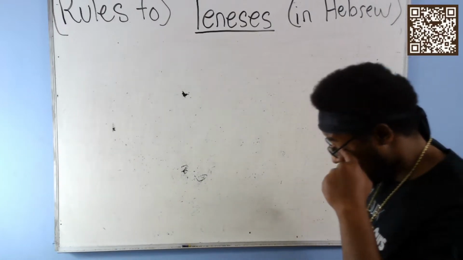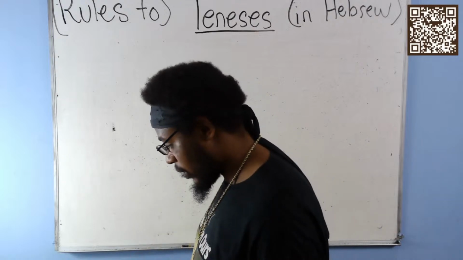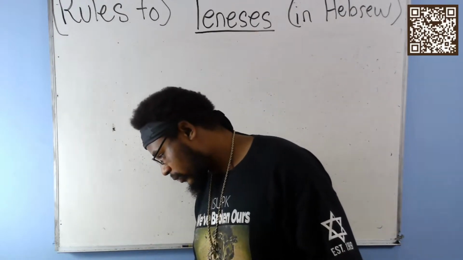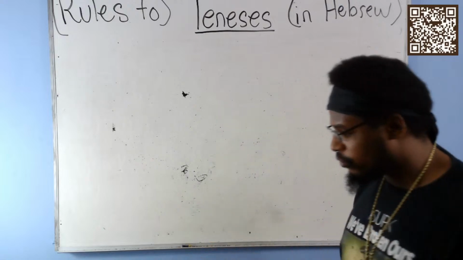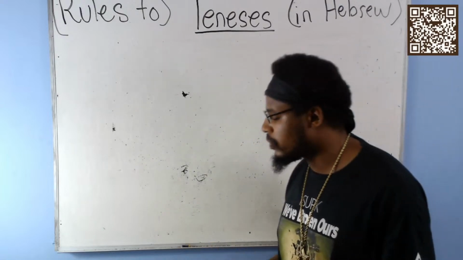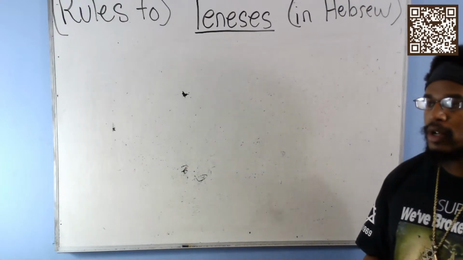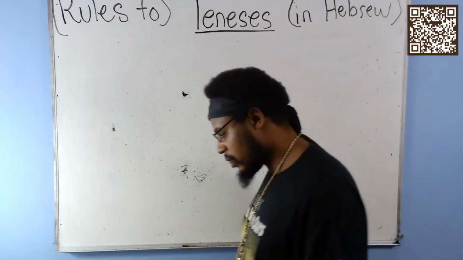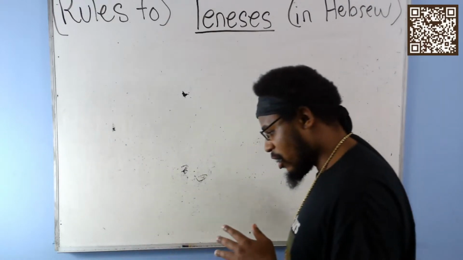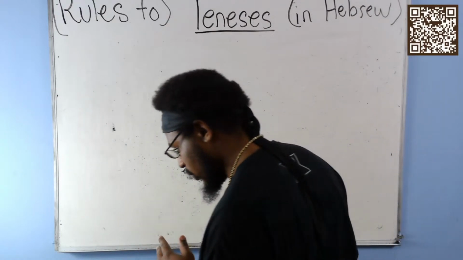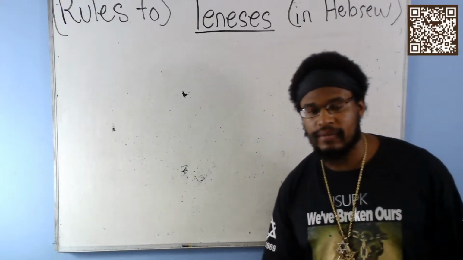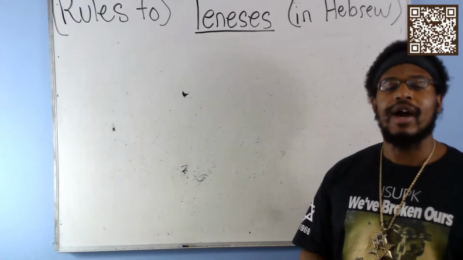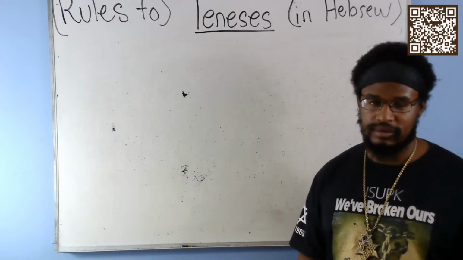So, okay, to start off, two general things before we get to the tenses: when you want to make adjectives feminine, you add a ha at the end.